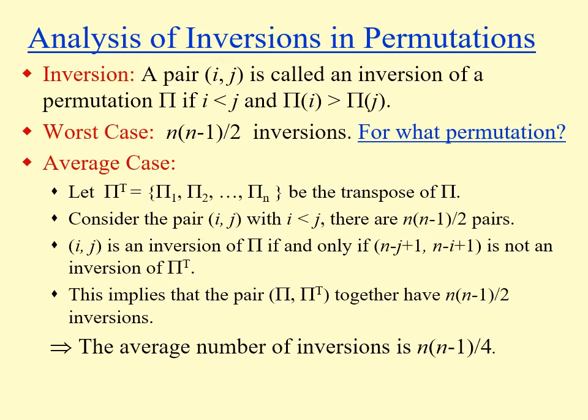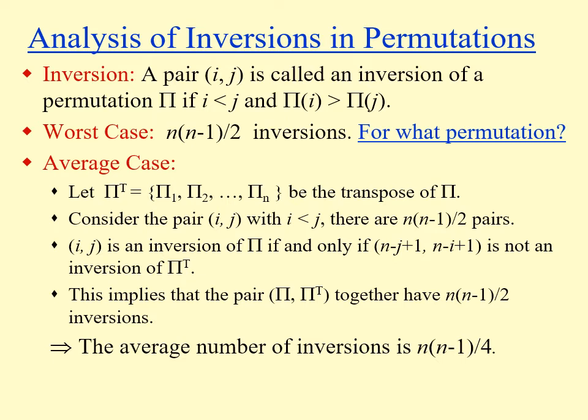For example, initially the order is 1, 2, 3, 4, 5. Now you get 5, 4, 3, 2, 1. That's a permutation of 1 to 5. So we define this permutation from 5 to 1. It's the result of the sorting process. That's the pi.